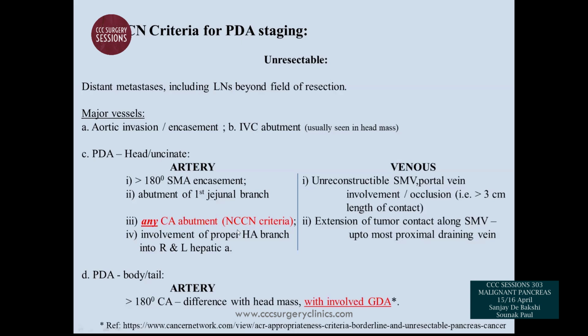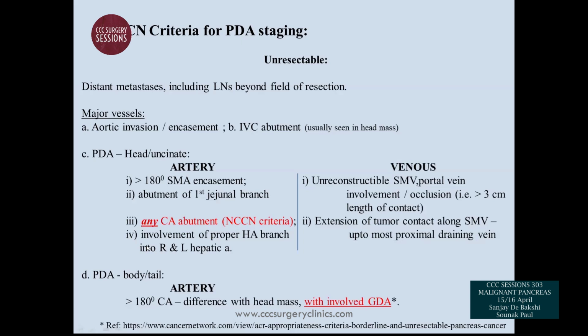We will discuss this again in the borderline resectable category. However, if there is a gastroduodenal artery involvement that extends up to the common hepatic artery and further extends into the right and left hepatic branches, so that after the bifurcation of the hepatic artery the vessels are also involved by the tumor, this again becomes unresectable.